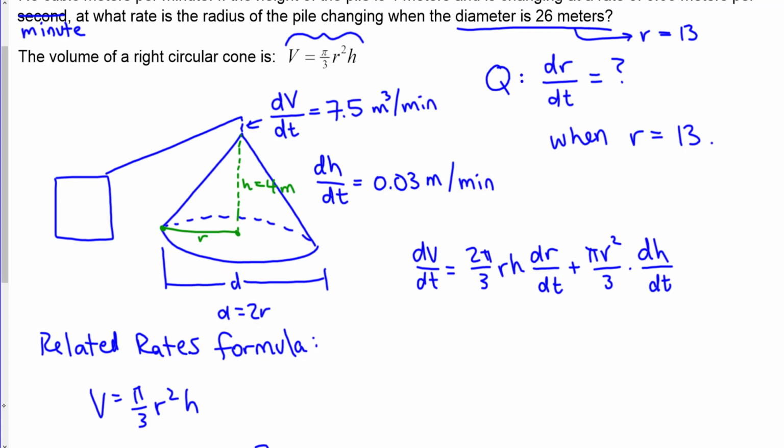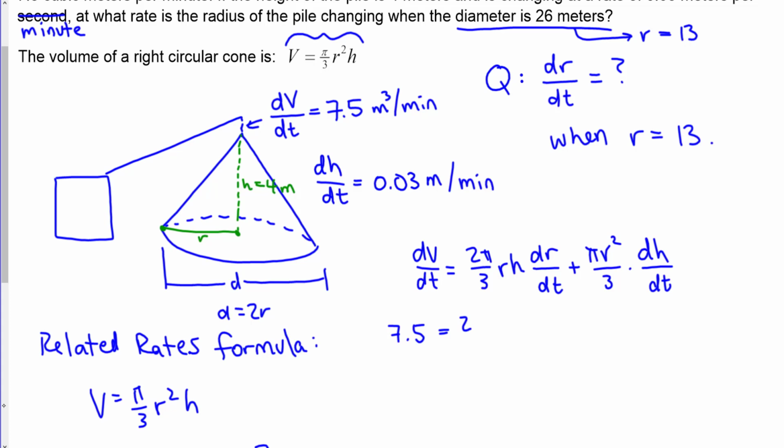Now, what I'm trying to solve for is dr dt. So everything else in this equation I should be able to plug something in for except the dr dt. And once I get that by itself, I'll be able to use the calculator to help me get an answer. So starting with dv dt, we were given originally that the volume is changing 7.5 cubic meters per minute. So we'll put 7.5 in there.